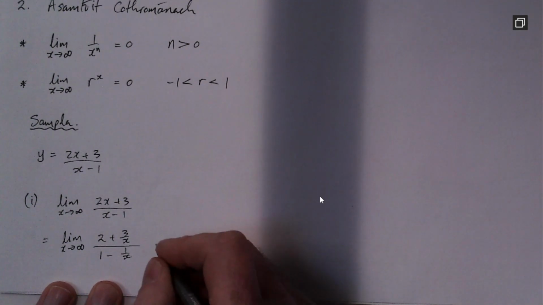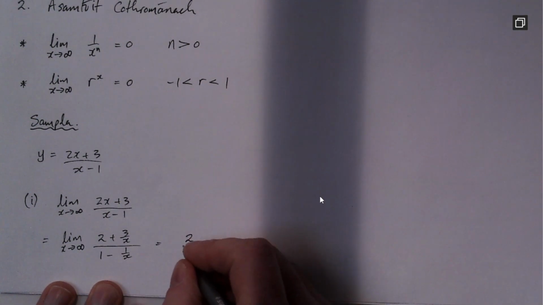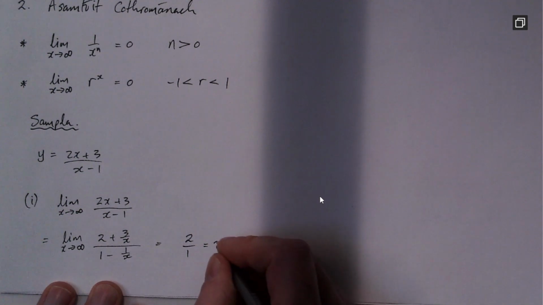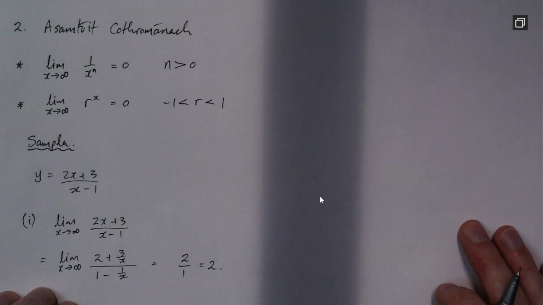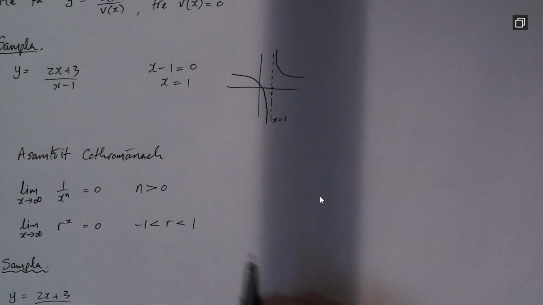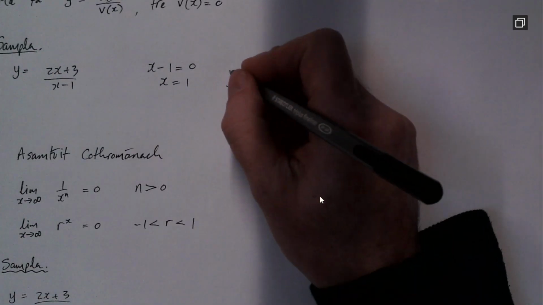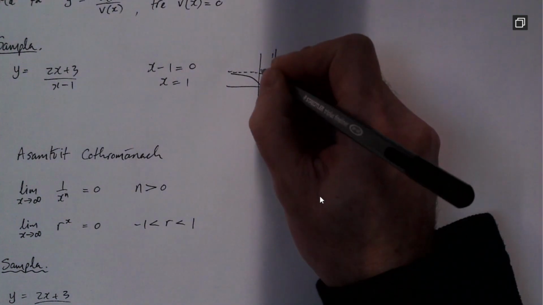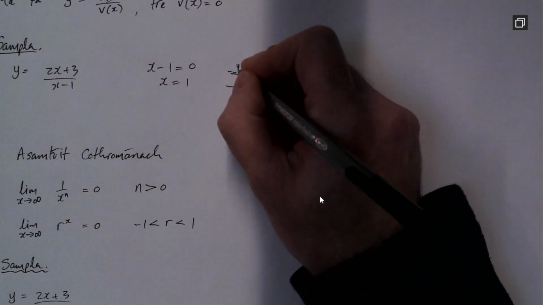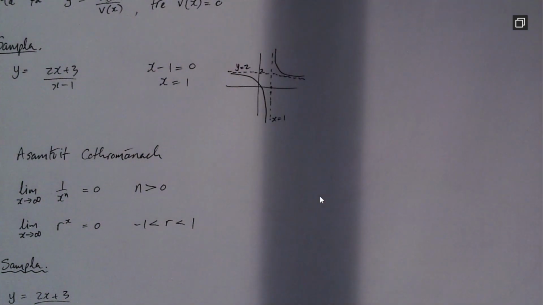So the limit is 2, which gives the horizontal asymptote y equals 2. In the diagram, y equals 2 is the horizontal asymptote.